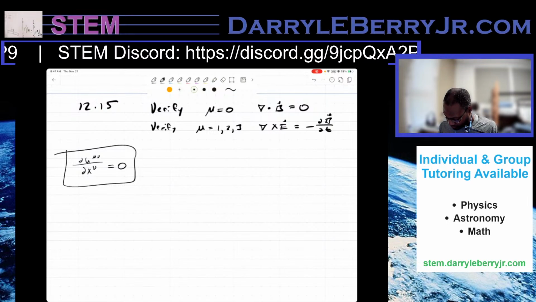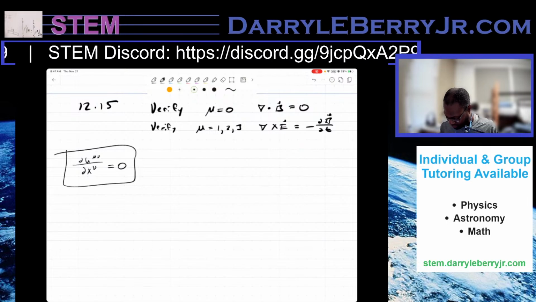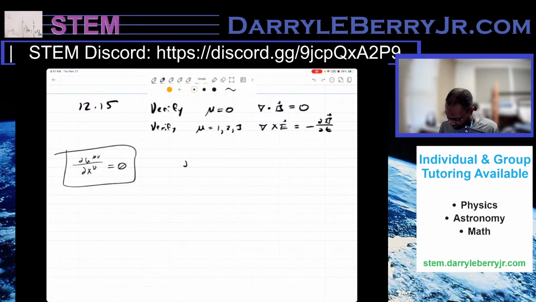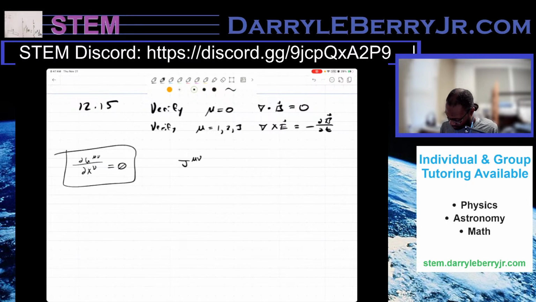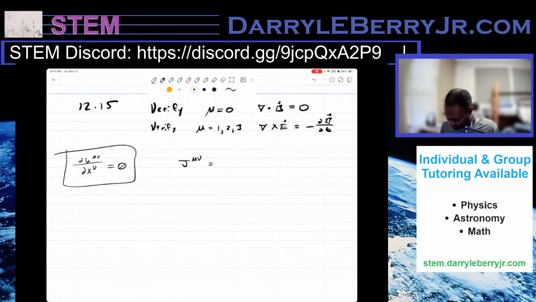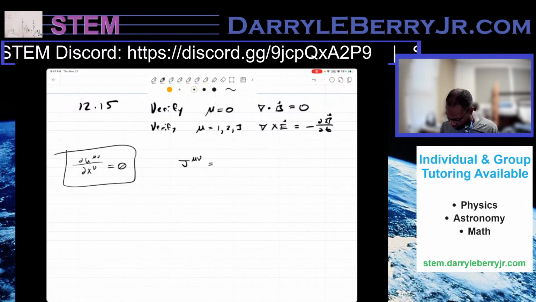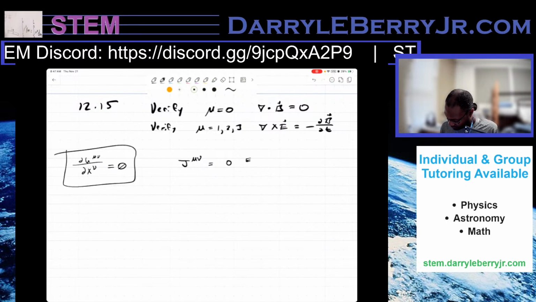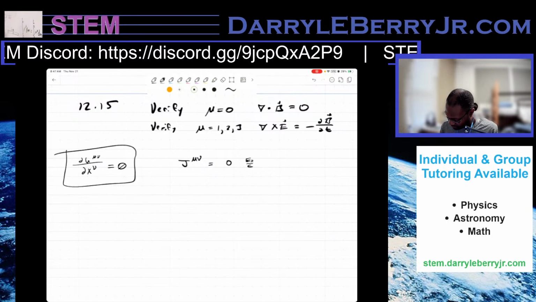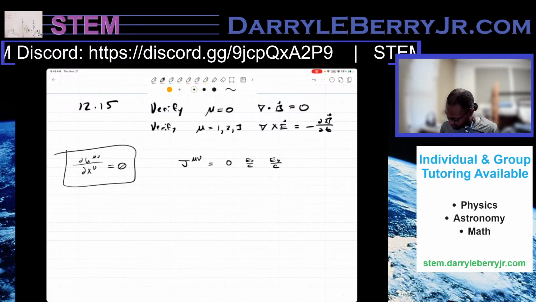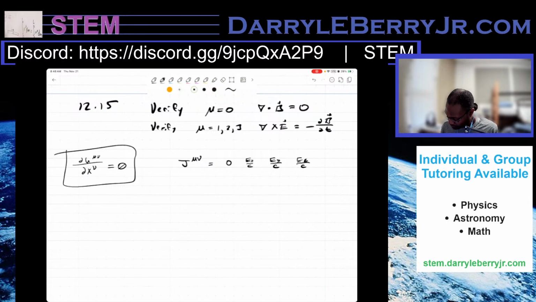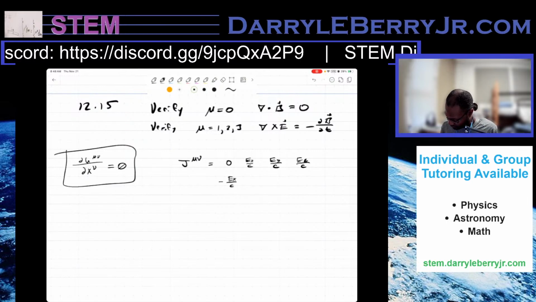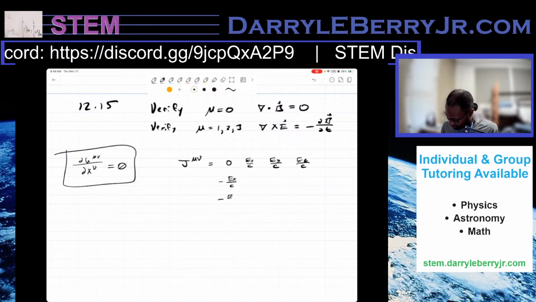The other one, I can't remember off the top of my head, but the default tensor is going to be 0, x over c, y over c, z over c, and then the negative of that on the opposite column.